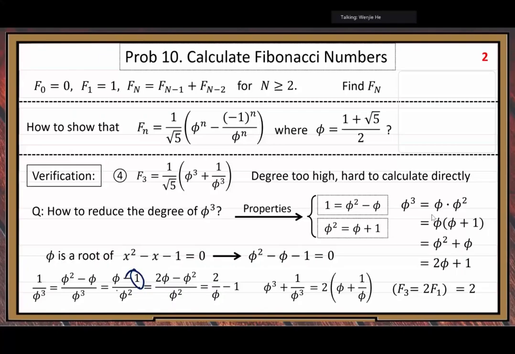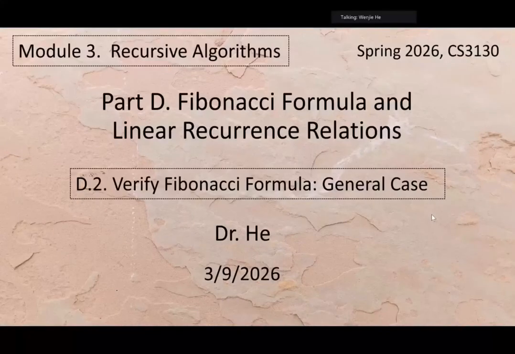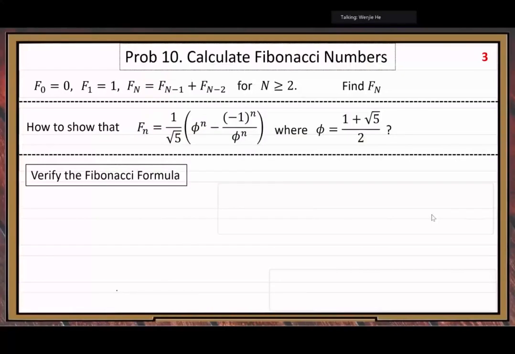Now we are ready for D.2, verify the Fibonacci formula for the general case. This is the key step of the mathematical induction. We completed step 1. Now we need to do step 2, then step 3. All right.